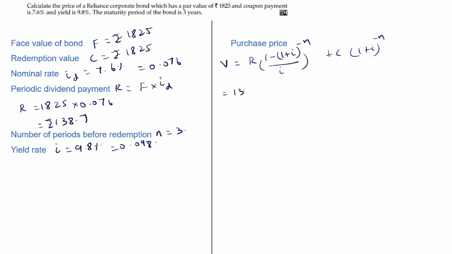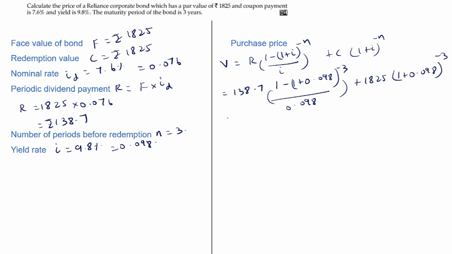So here R is 138.7 into 1 minus (1 plus 0.098) the whole raised to minus 3 upon 0.098, plus 1825 into (1 plus 0.098) the whole raised to minus 3. So 138.7 upon 0.098 is 1415.3 into 1 minus 1.098 the whole raised to minus 3, plus 1825 into 1.098 the whole raised to minus 3.